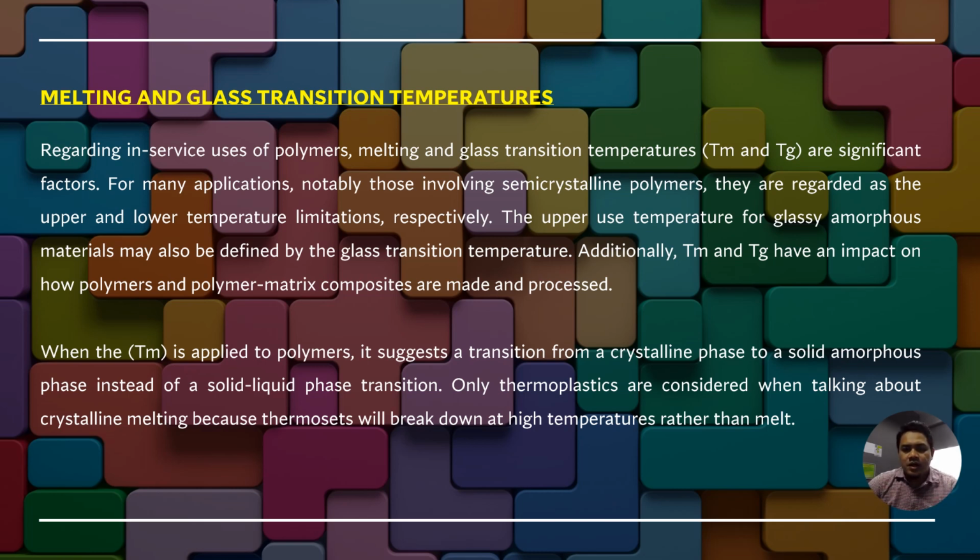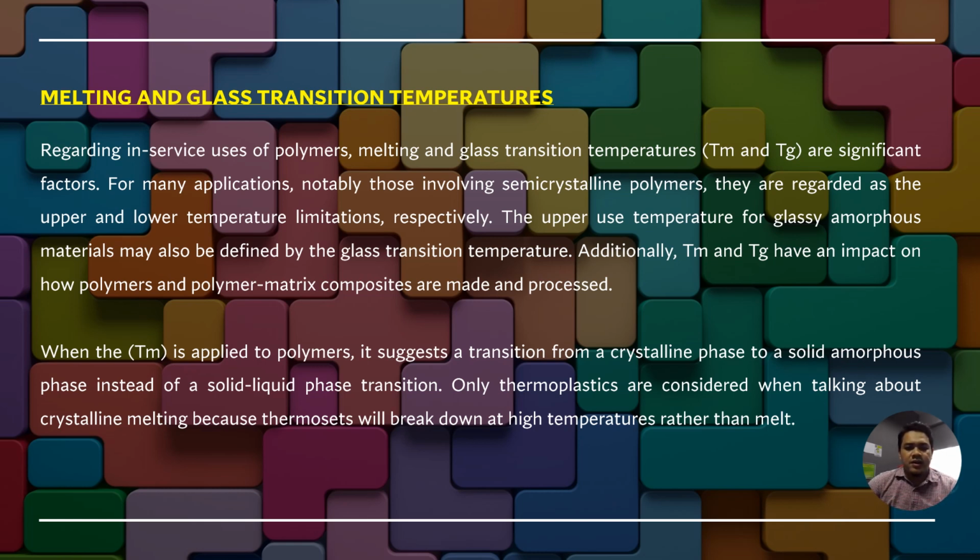The upper use temperature for glassy amorphous material may also be defined by the glass transition temperature. Additionally, the melting transition and glass transition have an impact on how polymers and polymer matrix composites are made and processed.